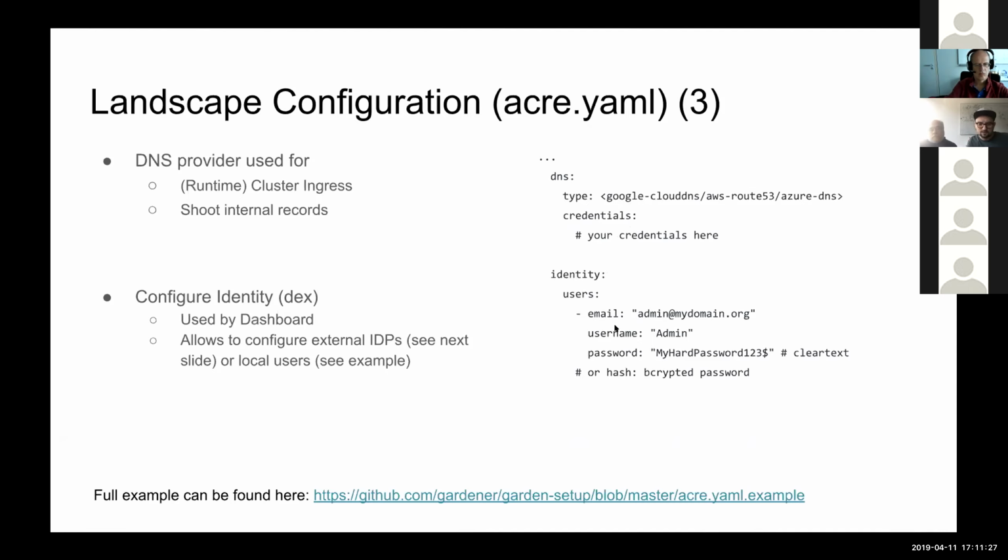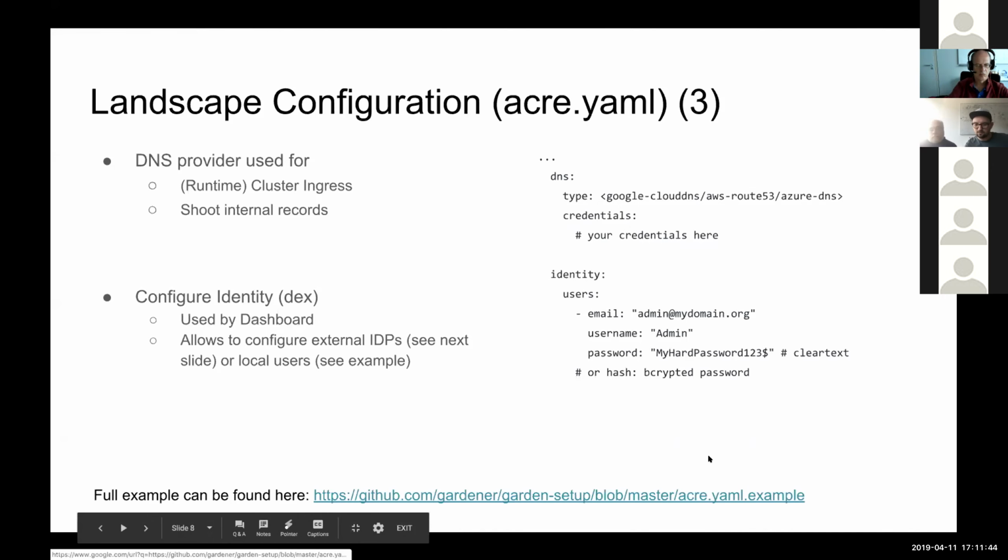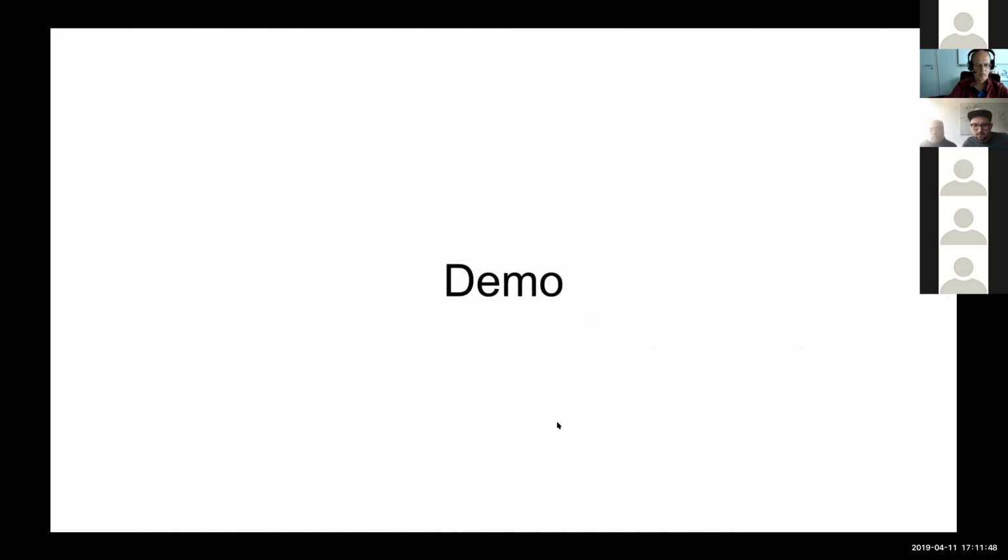So you can use static user configuration, or you can plug in any Dex supported connector for doing OIDC authentication against GitHub or the like. So again, here is a link to the example. But without further ado, we will switch to the demo where Johannes can show you on a real system how this looks.